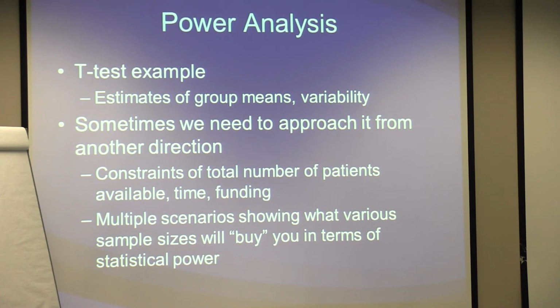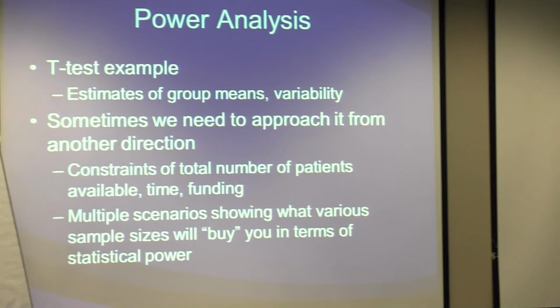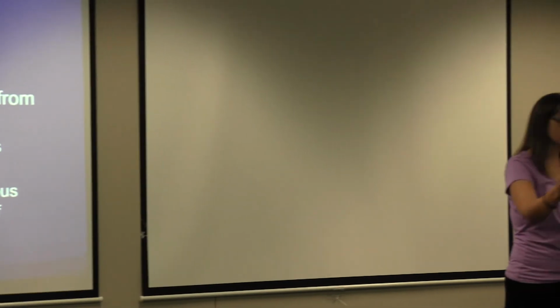But there are other ways. The nice thing about a power calculation is it has 2 or 3 elements, and as long as you can put in 2, you can solve for the 3rd one. So sometimes we come at it in a different way.